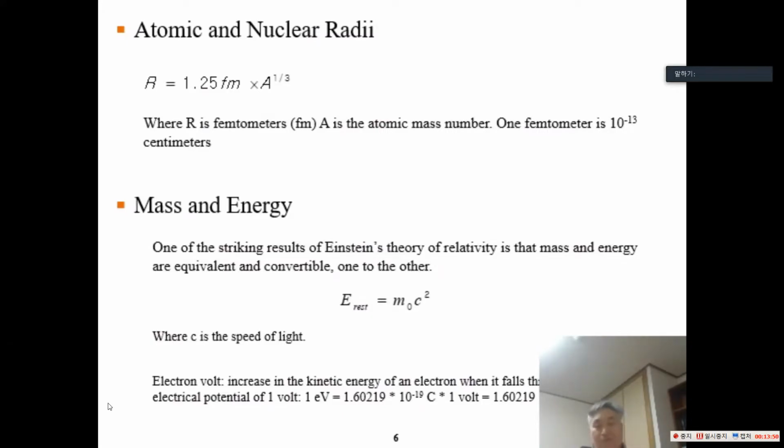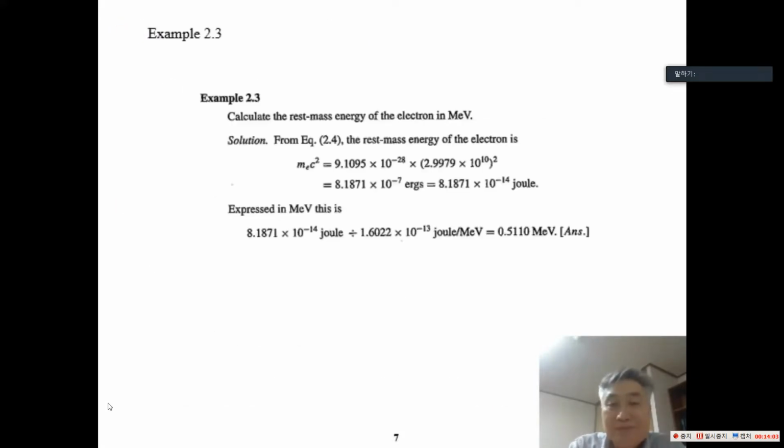So this is an example. For the rest mass of an electron, the mass of an electron is 9.1 times 10 to the minus 28 gram, times the speed of light squared. This is not SI units, this is CGS, centimeter. So 10 to the minus 28 and 10 to the 10, that is centimeter, right?